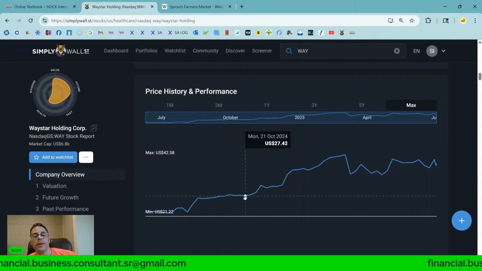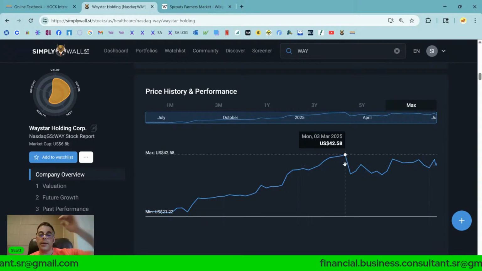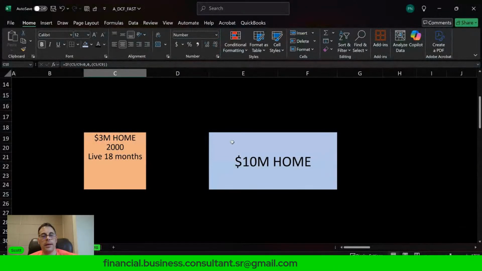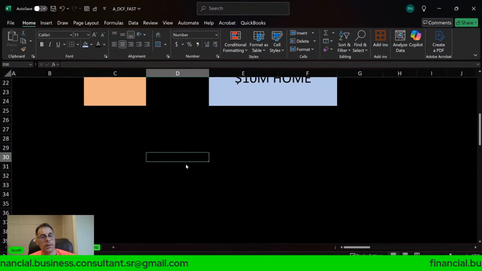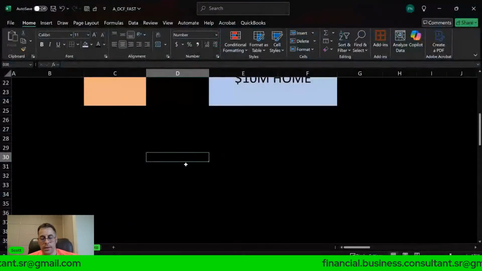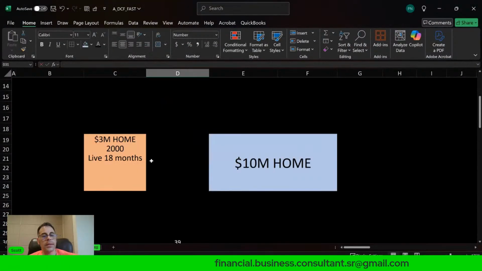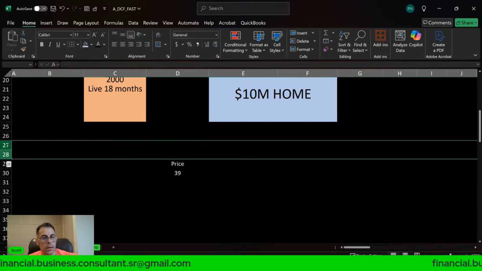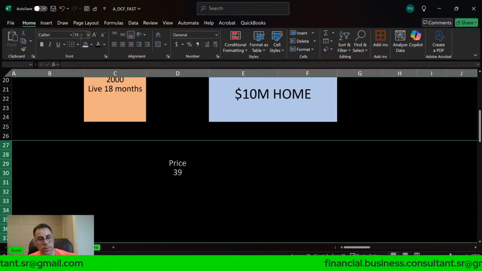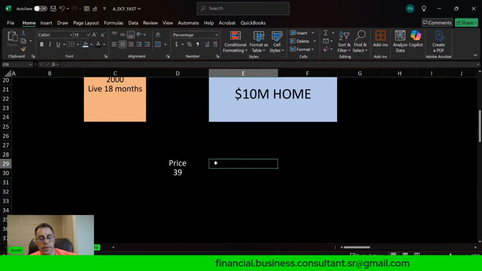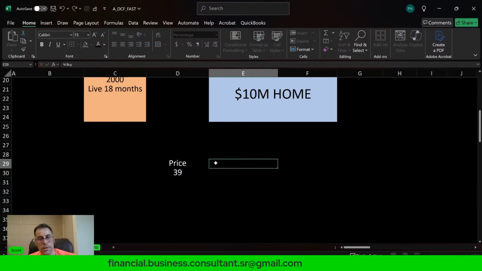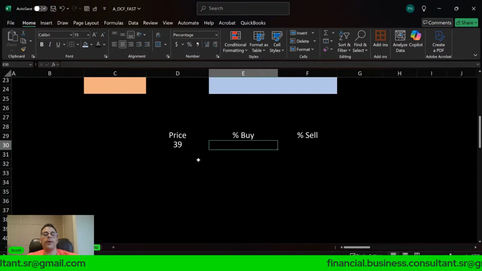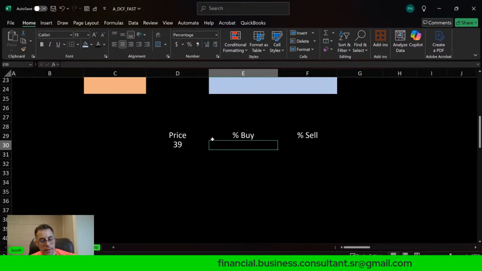When a stock goes up, more people are likely to sell it. Like if you think about it in a logical sense, that's the price. Right now it's trading at 39.